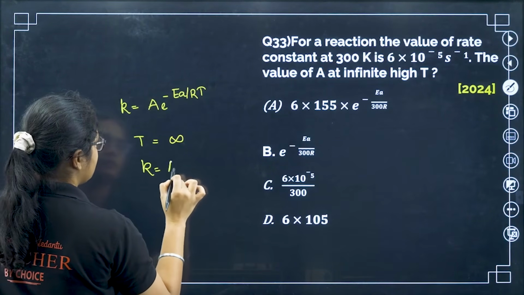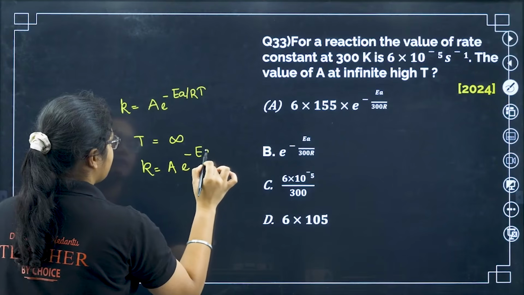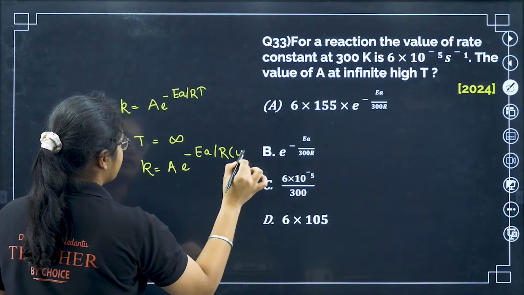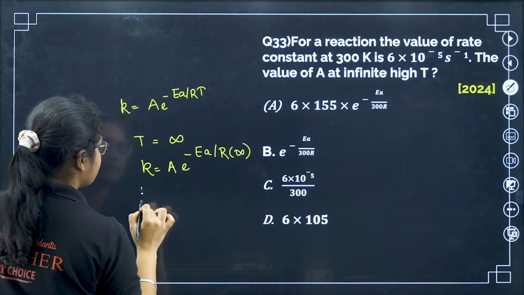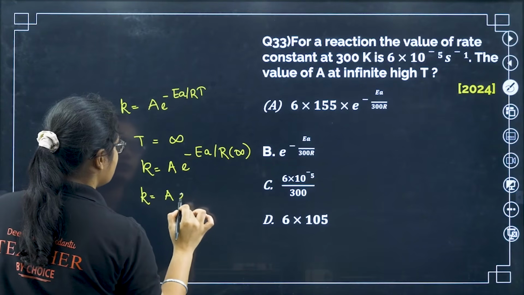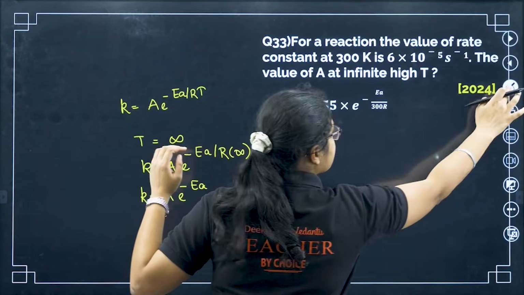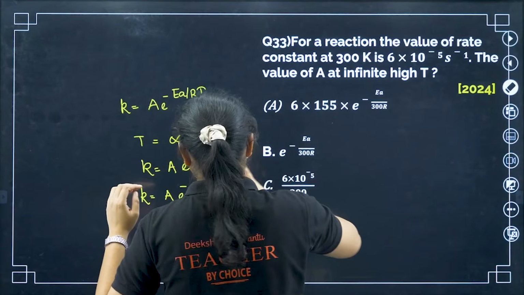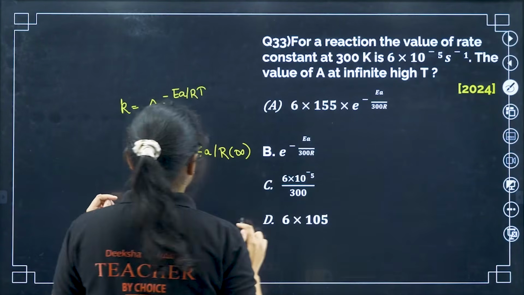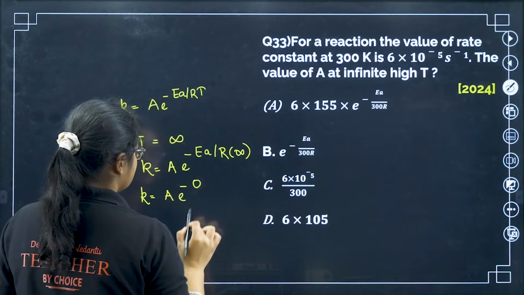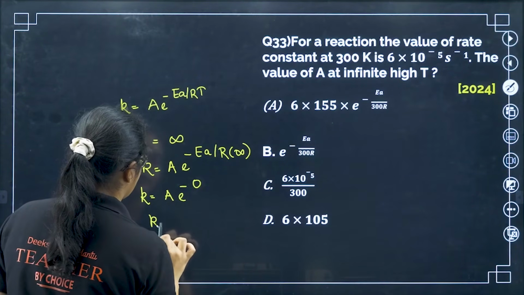So I'll get minus Ea by R into infinity, which is 1 by infinity, and this will give me 0. So K is equal to A.